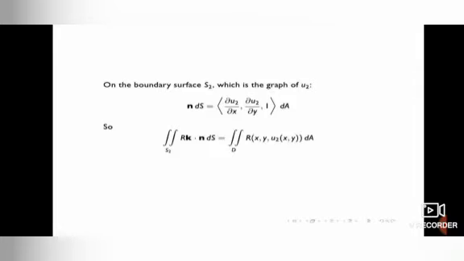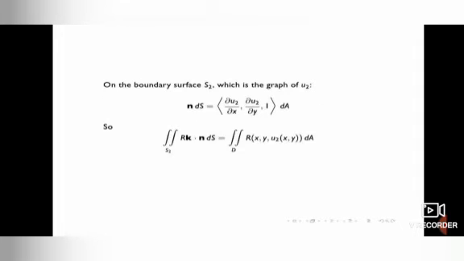Then the surface integral of Rk dot n cap dS is given by the surface integral of R of x, y, and for z we have to give the u2 of x, y limit, into dA. Therefore, for S1, the outward normal points down, so the surface integral of Rk dot n cap dS is equal to minus the surface integral of R of x, y, u1 of x, y dA.